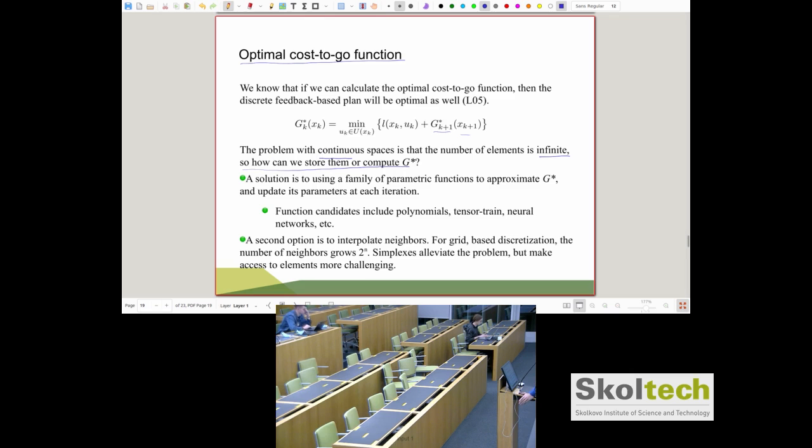So what we can do is, there's many solutions, right? But we need to use a function approximator. Okay, so here that means that some parameters, maybe thousands of them, maybe a couple of them, are just going to parameterize this function, right? And you are going to be approximating the optimal cost-to-go function with this parametric function.